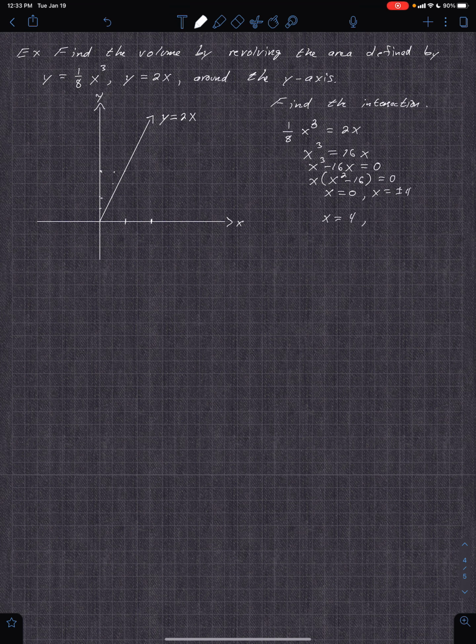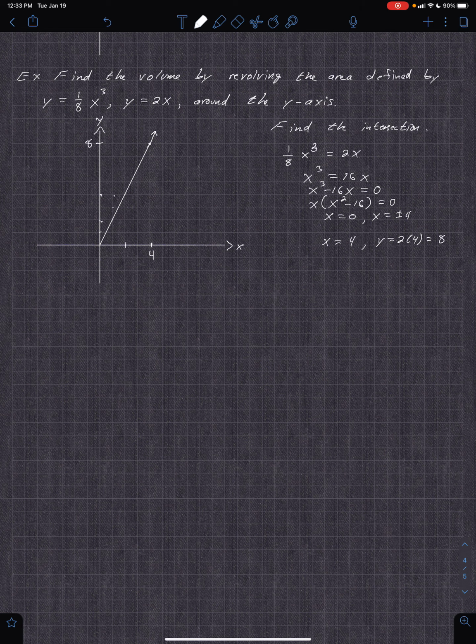And here's 8, and then we know the basic graph of the cubic does that. So that's the intersection we're talking about right here. This is being revolved about the y-axis. So your intersection is (4, 8).